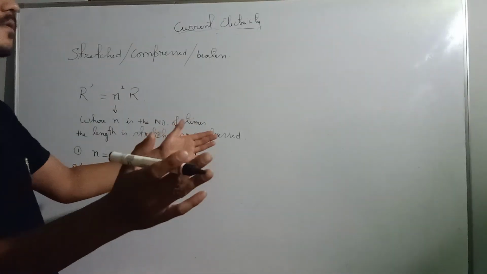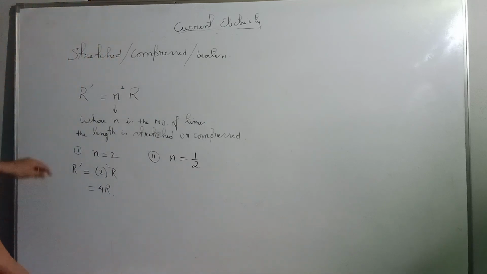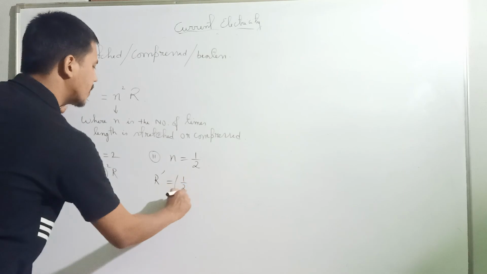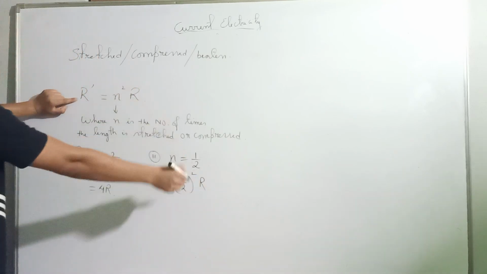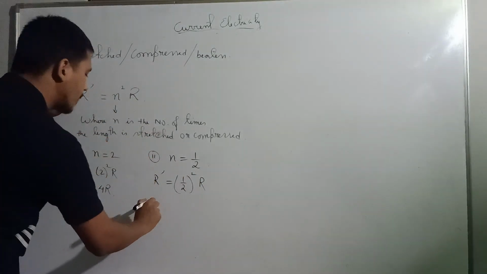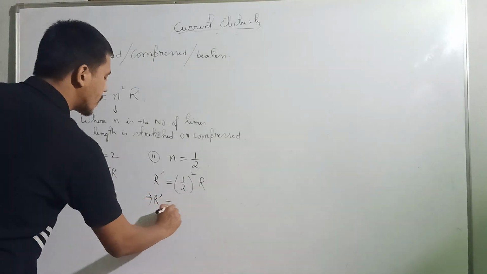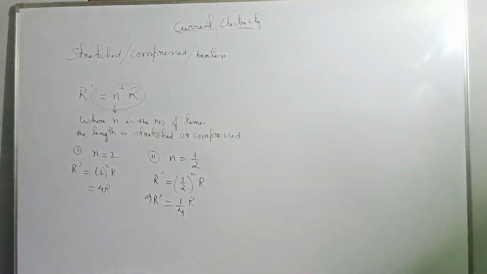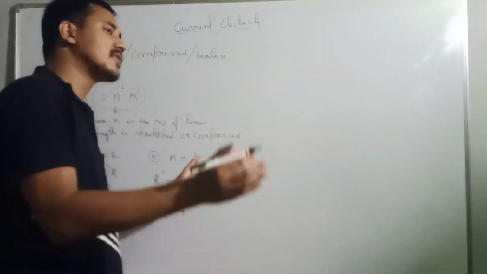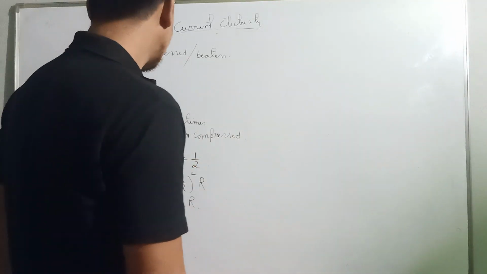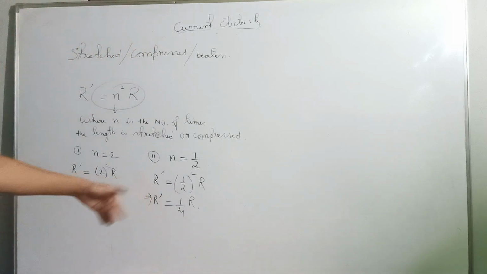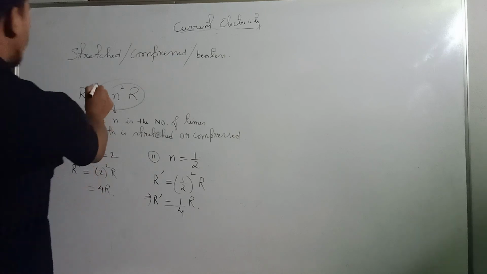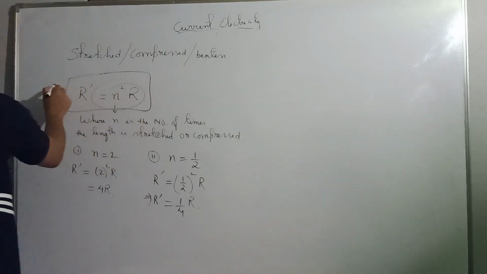Then your new resistance will be 1 by 2 square times R, N square times R, so 1 by 4 times R. So using this formula, we can conclude that if the wire is compressed to half of its original length, then the new resistance will be 1/4 of its original resistance. So this is a very important formula. So this is what you have to note.